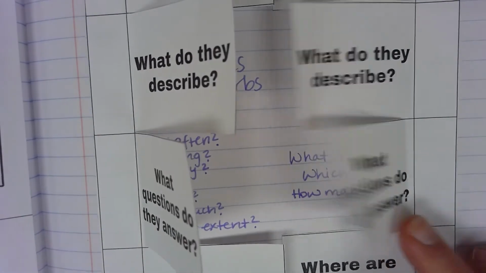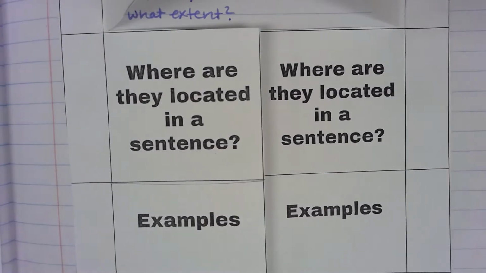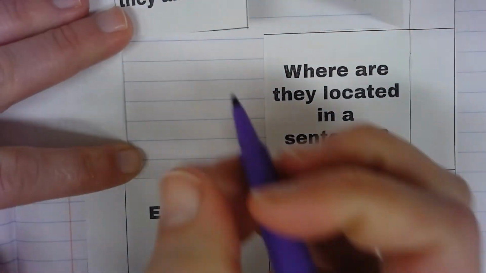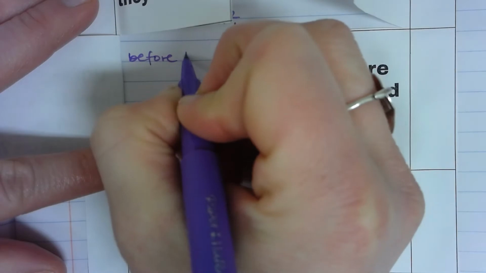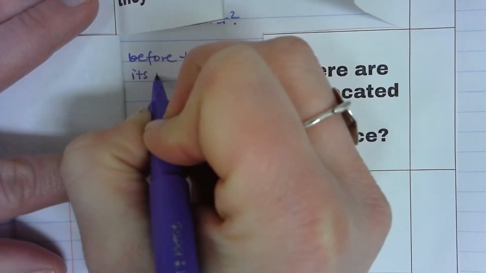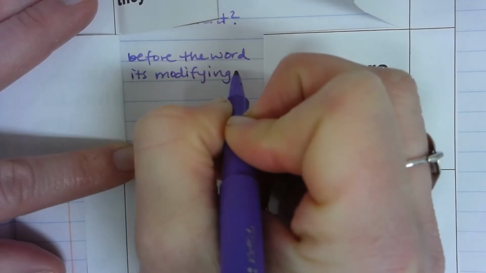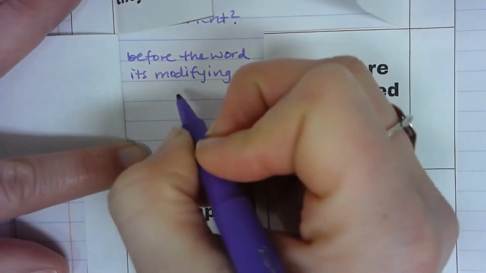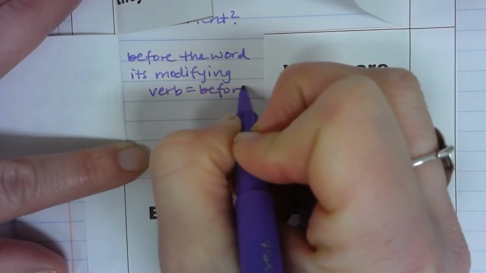Next two are, where are they located in a sentence? So adverbs located in a sentence are before the word it's modifying, verb equals before.